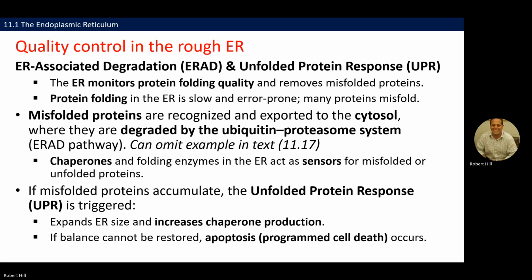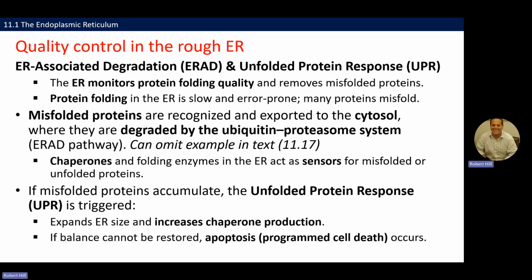However, if misfolded proteins accumulate inside of the ER, there are some different possibilities to help the cell alleviate this unfolded protein accumulation. The ER can actually increase in size, and it can increase the production of chaperones.